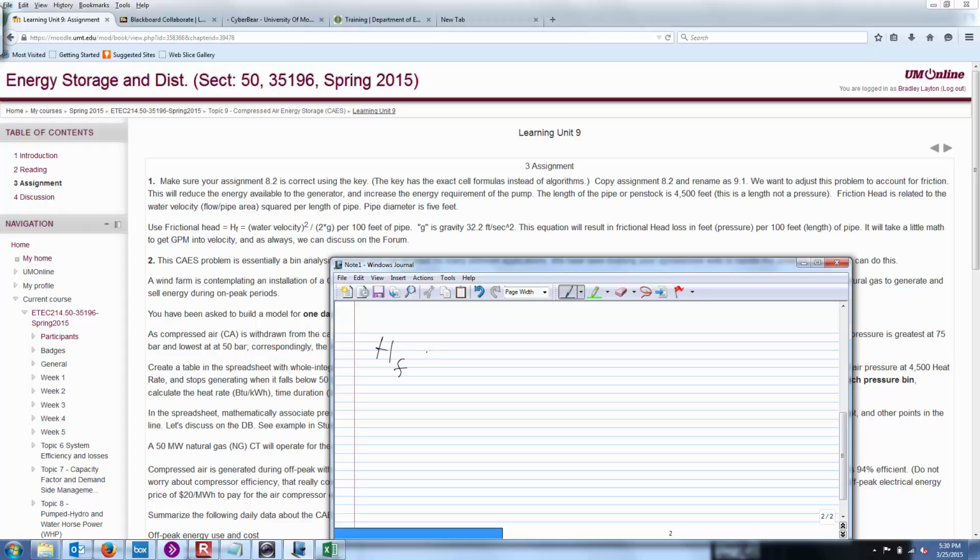I'm recording this. So friction head equals the velocity squared, and that's a little v, so no serifs on it, divided by 2G.